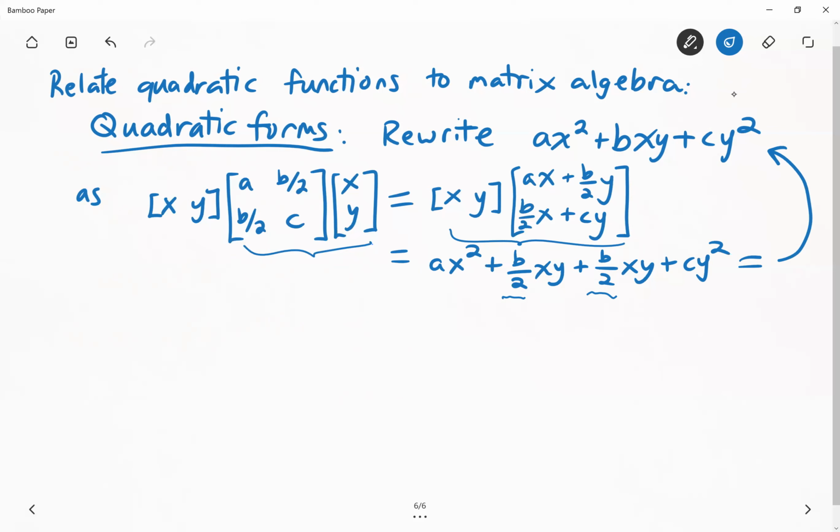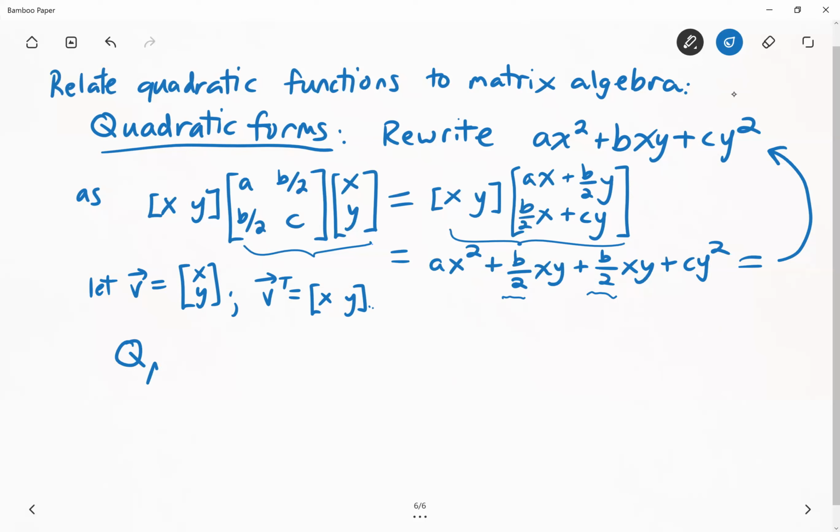In general, we'll write this a little bit shorter. And so what I'd like to do is think of v as the vector of variables x y. And if v is that vector, then v transpose, turning that single column into a single row, is the matrix (x y). So functions of this form can be written like so.